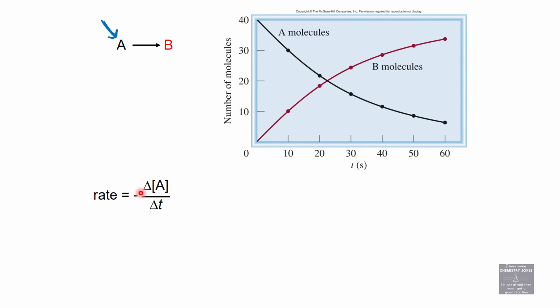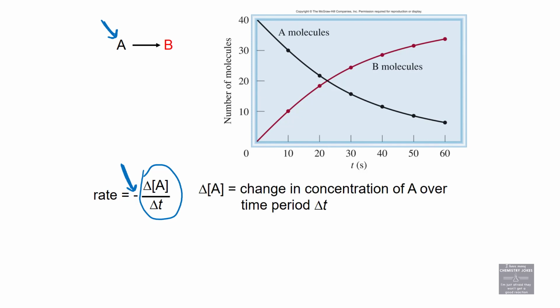So we put a negative out front because the reactant is always being consumed. This circled value is always going to be a positive value. Rates themselves are positive values. So we stick a negative out front to indicate that it's disappearing at that speed. Delta A is the change in concentration over delta t, the change in time.